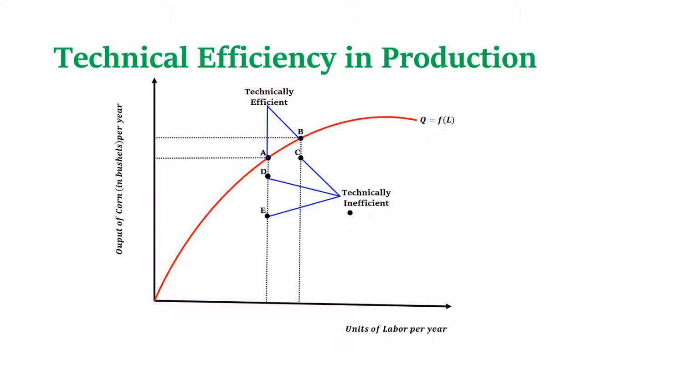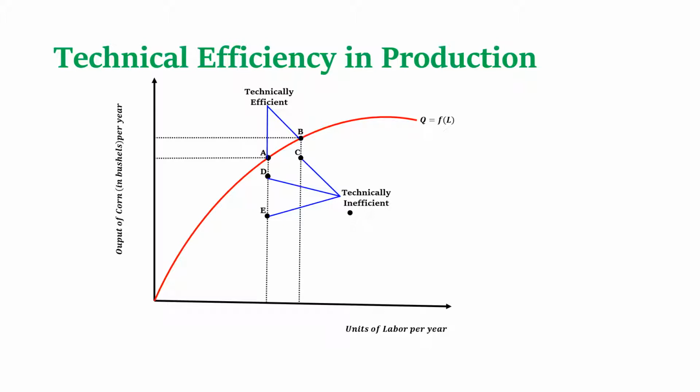So why do we say those points on the curve are technically efficient? Because for those points on the curve, the farm or the producer produces the maximum output with limited resources, using fewer inputs to produce the good.